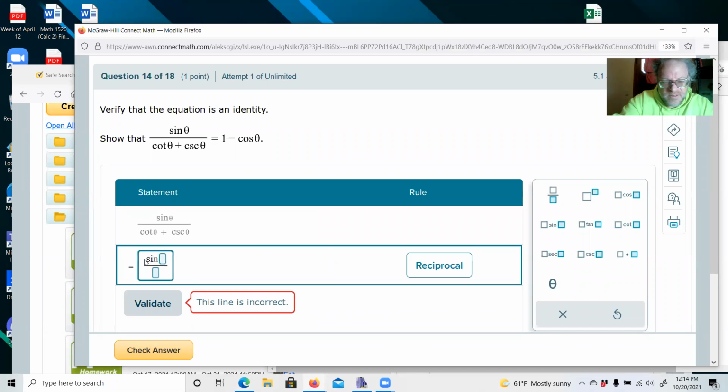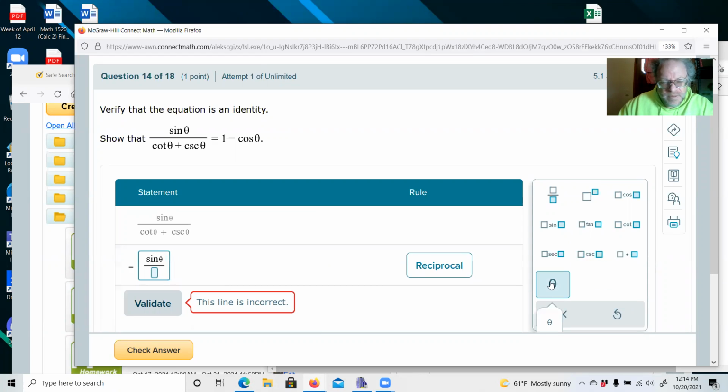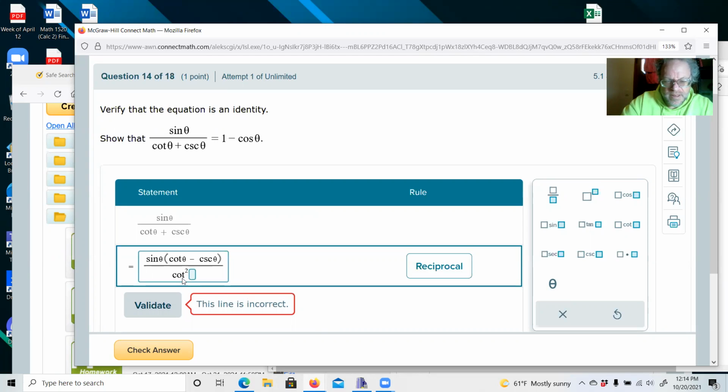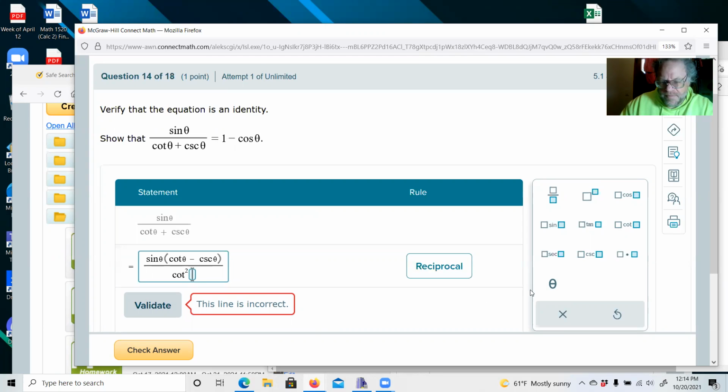So this was sine alpha, parentheses, and then we have cotangent alpha minus cosecant theta, divided by cotangent squared theta minus cosecant squared theta.